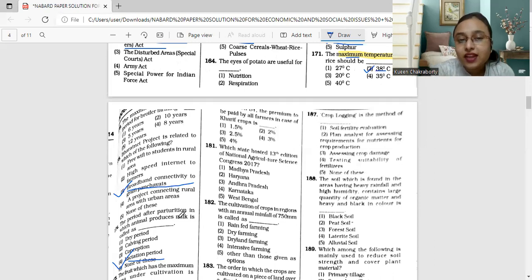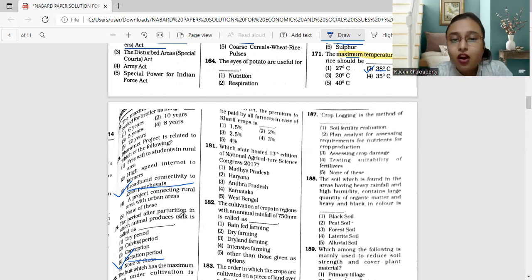See, Pradhan Mantri Fasal Bima Yojana, or PMFBY, provides for a uniform premium of only 2% to be paid by farmers for all kharif crops and 1.5% for all the rabi crops.